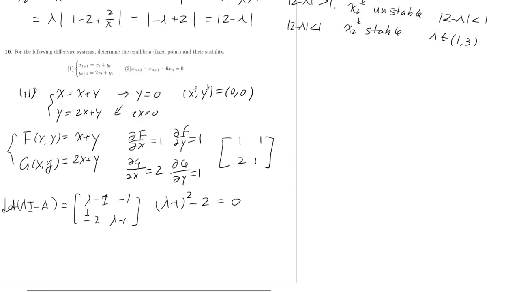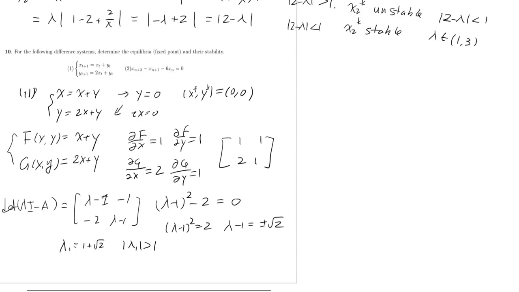So we have two solutions. Lambda minus 1 squared is equal to 2. So lambda minus 1 is equal to plus or minus root 2. And for lambda 1, we have 1 plus root 2, which is bigger than 1.